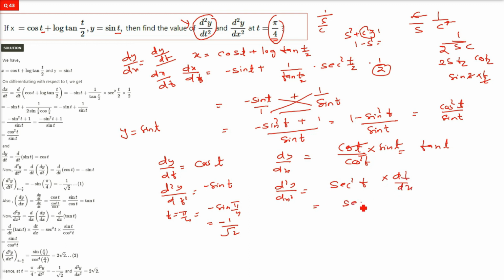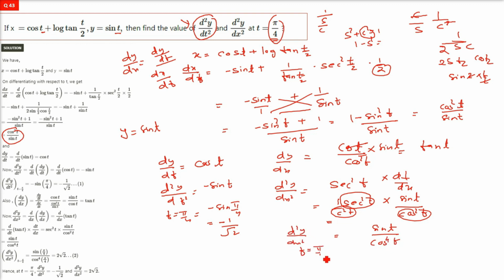So sec square t multiplied by dt by dx, which is the reciprocal of dx by dt. dt by dx is cos square t by sin t reversed, so it's going to be sec square t multiplied by sin t divided by cos square t. Okay, so sec square t in the denominator becomes cos square t, and cos square becomes cos to the power 4. So we have sin t divided by cos to the power 4 t. So this is d2y by dx2.